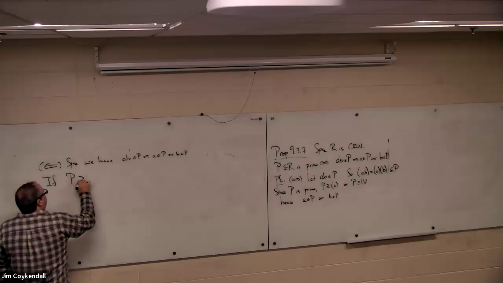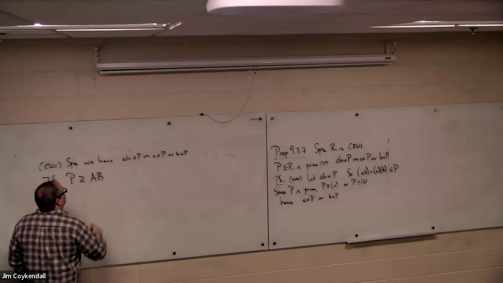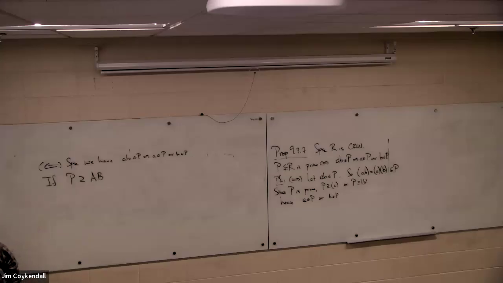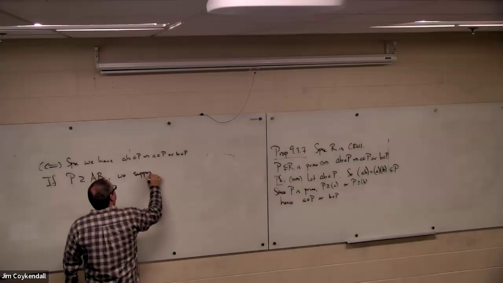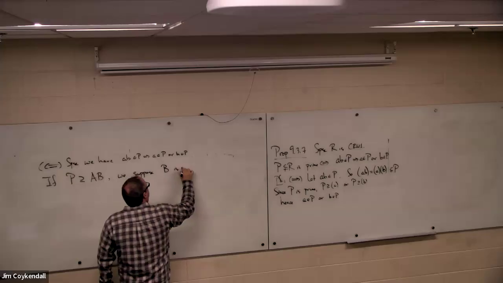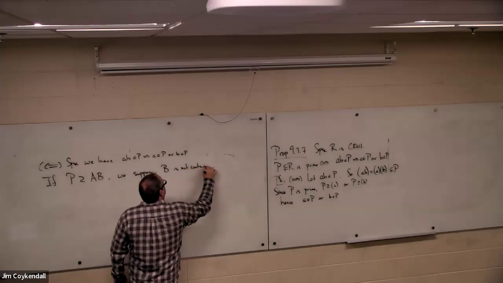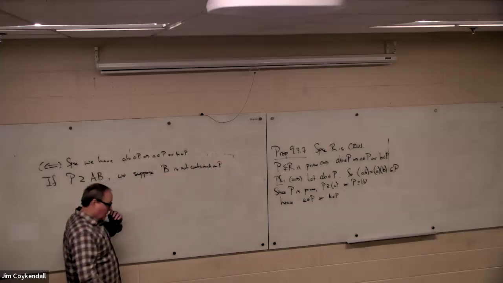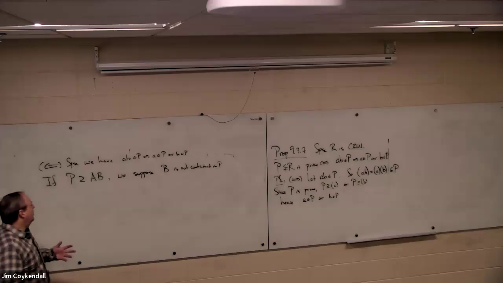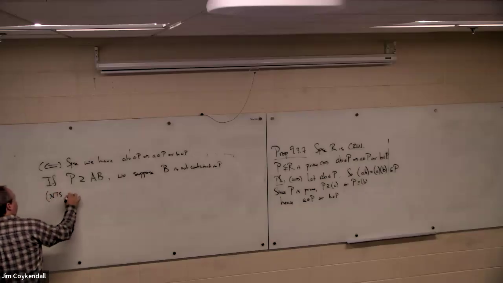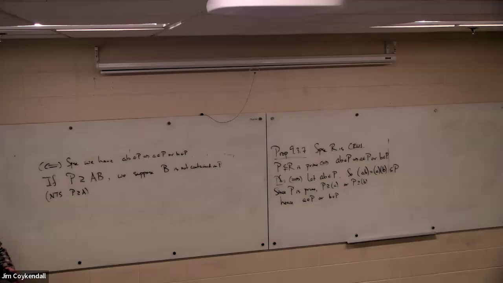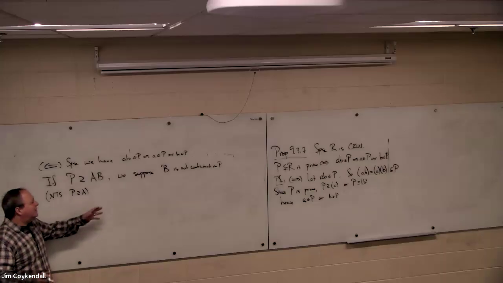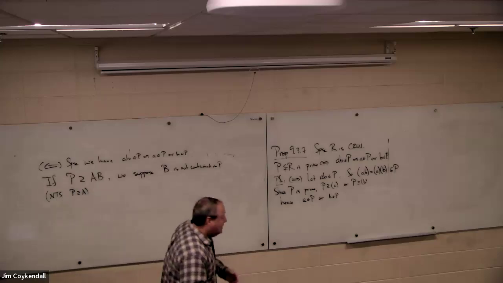Now, the ideal P contains AB. Then let's suppose that B is not contained in P. We need to show that A is contained in P. So we're going to assume that P contains this product AB, and that B is not contained in P. We're going to show that A is contained in P.